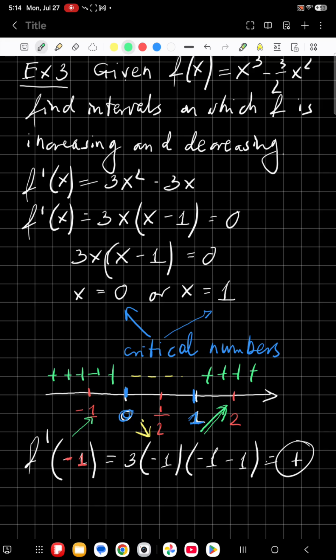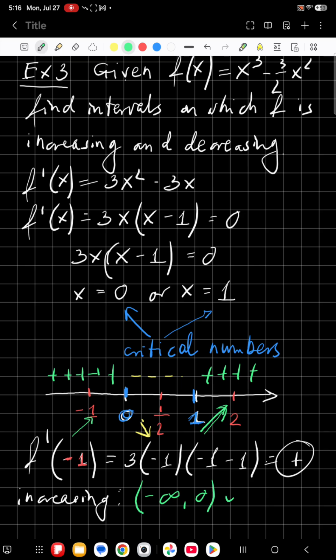Let's write them down quickly. So increasing, let's take green. And we have 2 intervals. The first one is from negative infinity to 0.